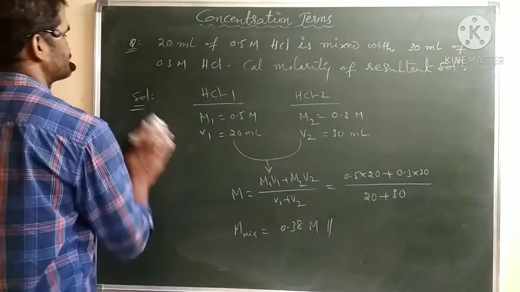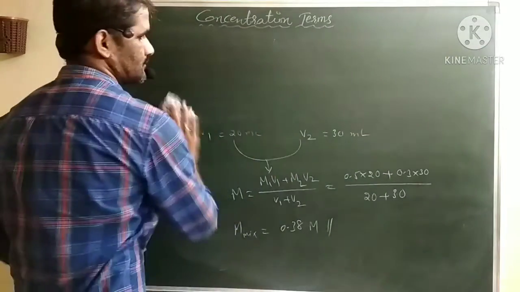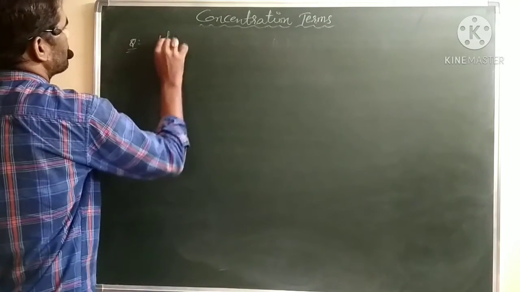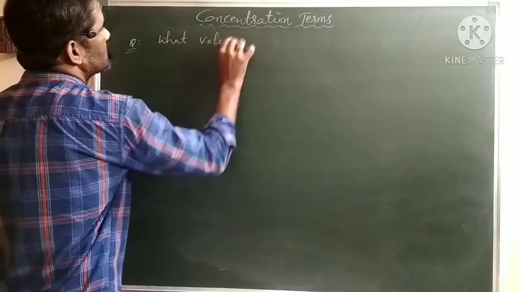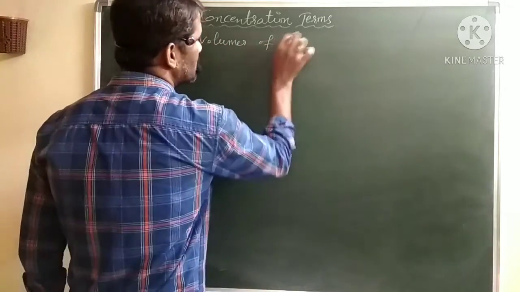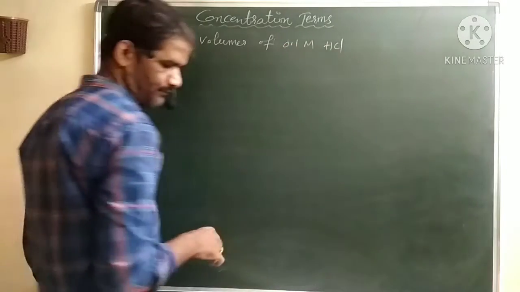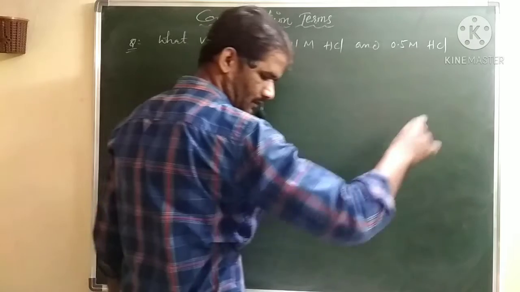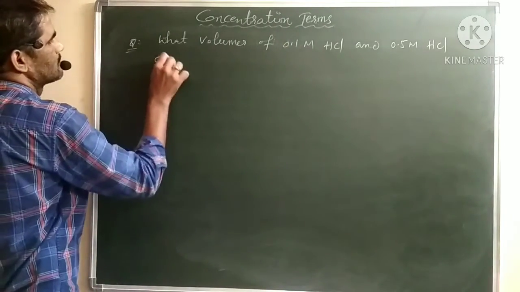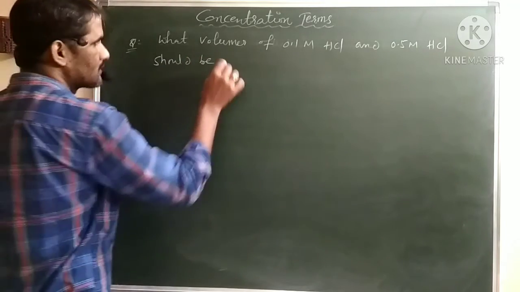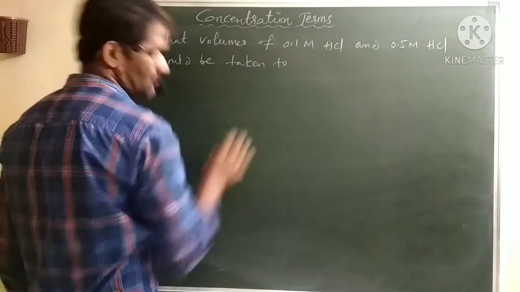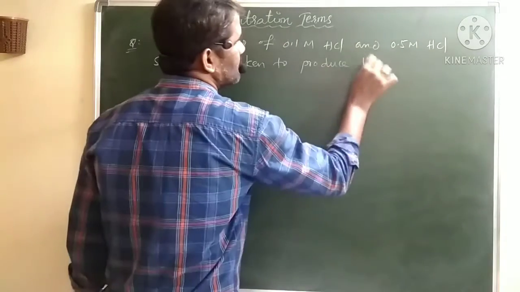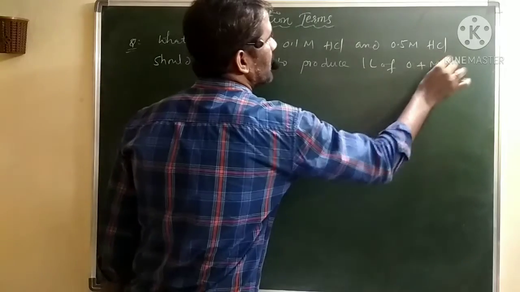Next, one more model here. What volumes of 0.1 molar HCl and 0.5 molar HCl should be taken to produce 1 liter of 0.4 molar HCl?